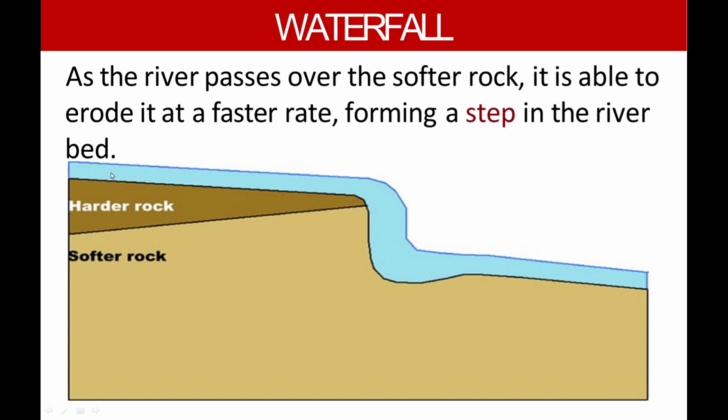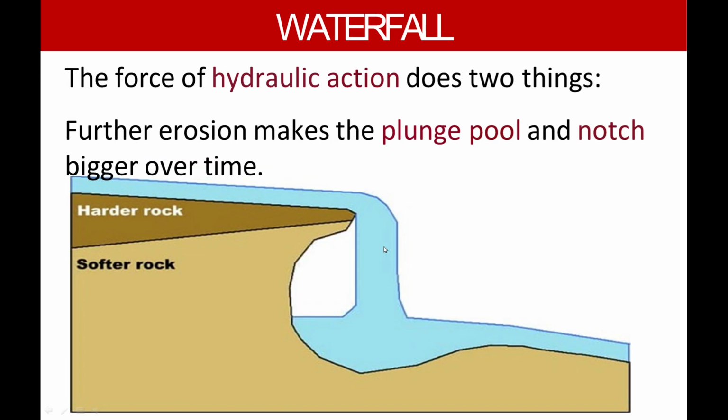As the river passes over the softer rock, it is able to erode it at a faster rate, forming a step. This is a step in the river bed. Here the force of hydraulic action does two things. Further erosion makes the plunge pool.